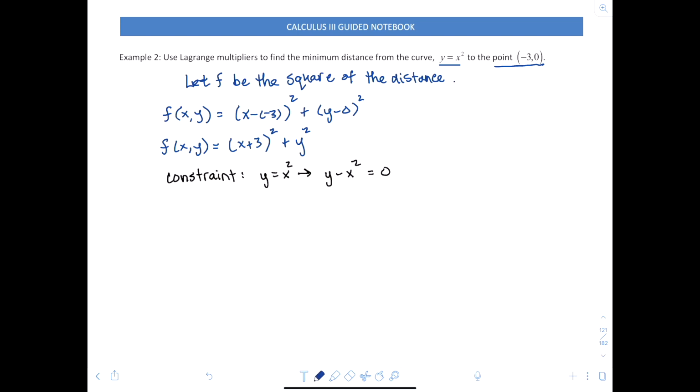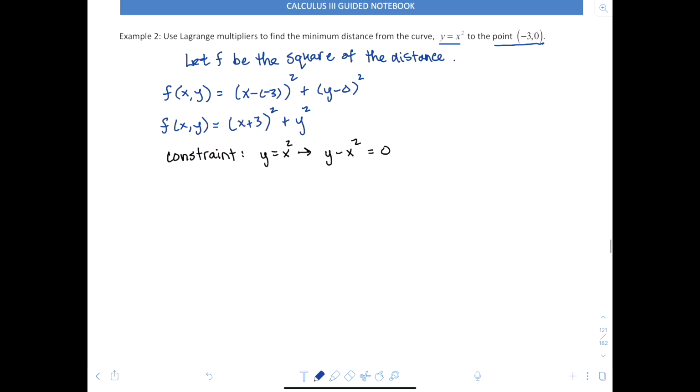So, finding all of the pieces, remember, at the end of the day, you want del f at x and y to equal some scalar lambda times del g at x and y. And you want to take into account your constraint, which was g of x and y equal to some c. So our c is 0 and g of x and y is y minus x squared.